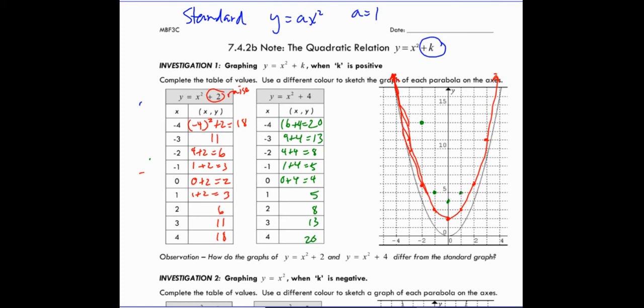So make these over 1 up. I think I missed something there. Sorry, guys. At negative 2, we're at 8. And then up to 13. 1, 2, 3, 4, 5. There, that's better. Okay, over and up, over and up.